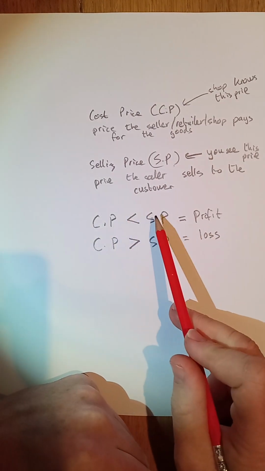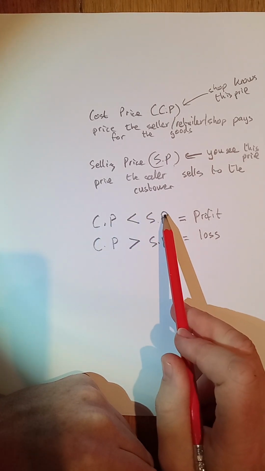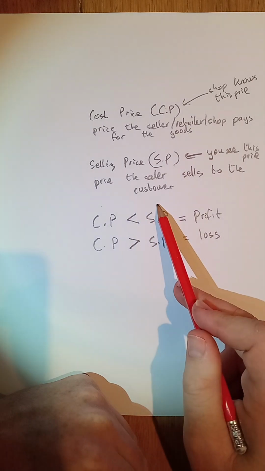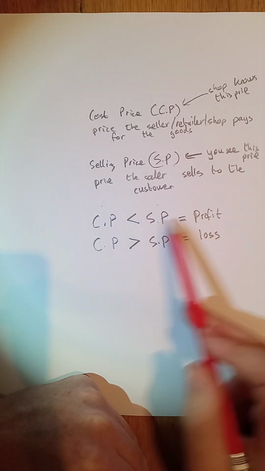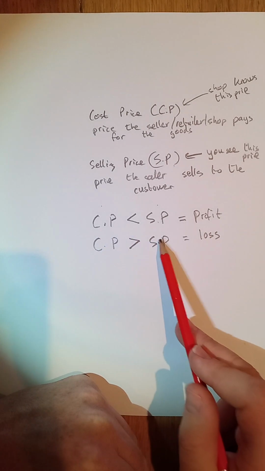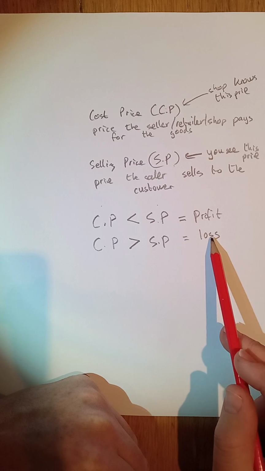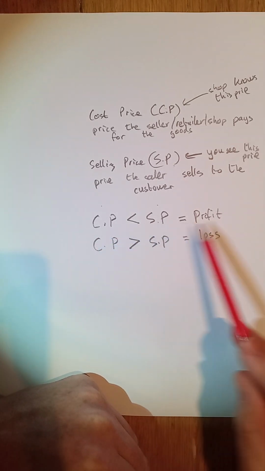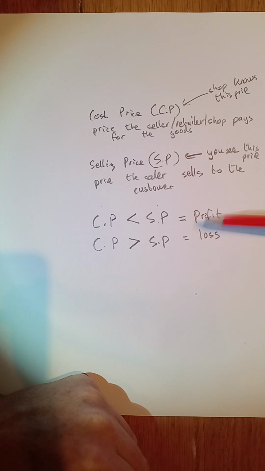So you want to buy cheap so that it's less than what you sell at. So in other words, you buy it for €10, you sell it for 15. 10 is less than 15, you made a profit. You buy it for €10, you sell it for €5. 10 is greater than 5, you've made a loss. That's the simple concept. But these are very important concepts to understand when we're talking about profit and loss.